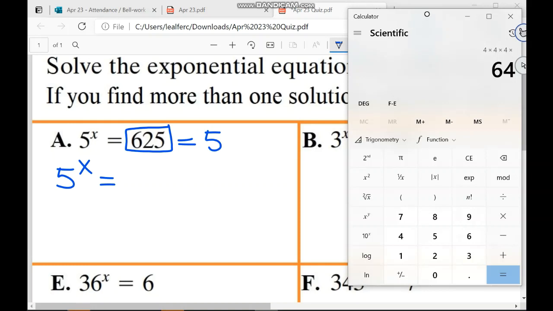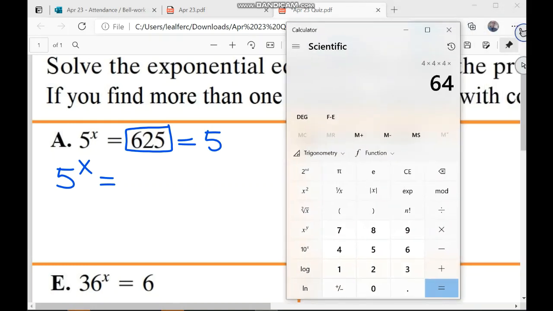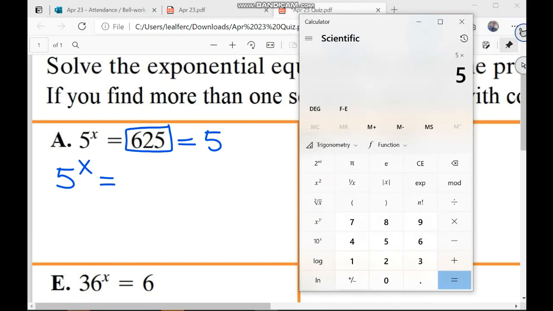For 625, we can use the calculator. If you're not sure, you can get help from your calculator. Okay, so 5 times 5 is 25. Times 5 again, sorry, 5 times 5 times 5 times 5 equals 625.